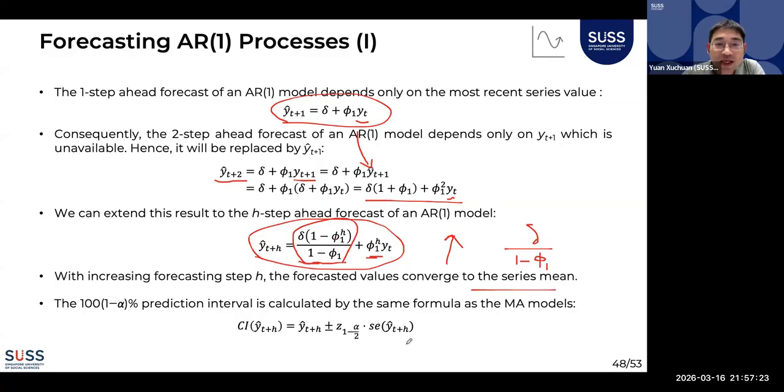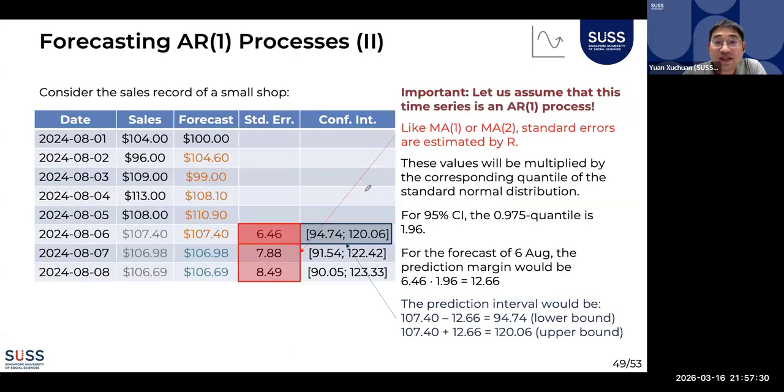You can also get the confidence interval of your forecast. Similarly, R will estimate the standard error, and you just plug into the formula for the 95% confidence interval. The critical z value is 1.96, and you multiply 1.96 by the standard error to get the margin.